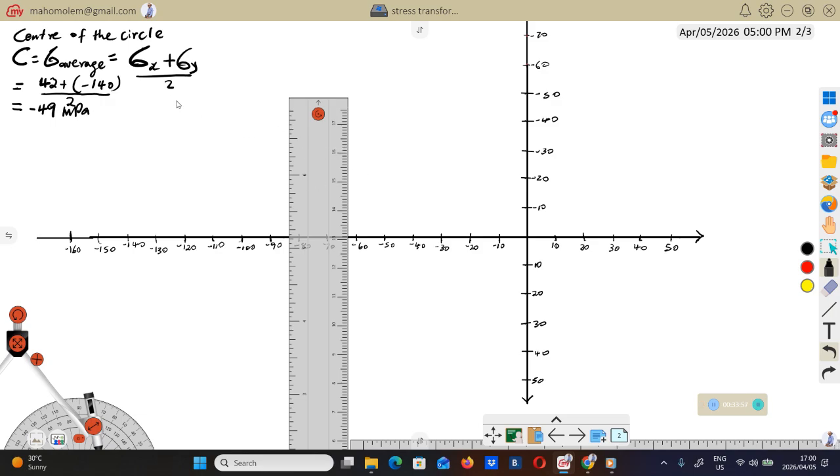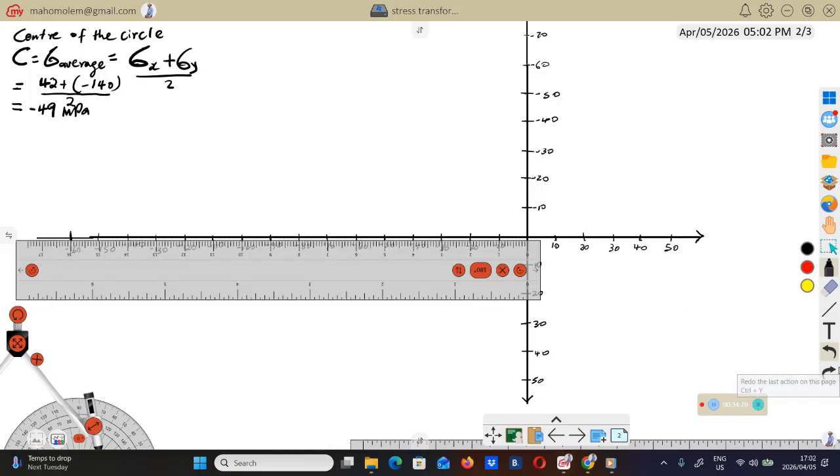So make sure that you take the signs or the nature of the stress into account. Like don't just say 140. Remember 140 is compressive. So because 140 is compressive, that's why we have to put negative there. So let's mark our 49, 10, 20, 30, 40, 49.